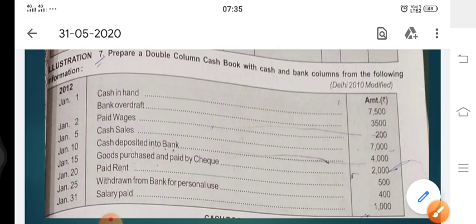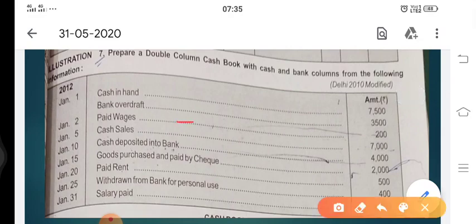The next point we have is cash deposited into bank. Now here it is doing something important to us. Cash deposited into bank means cash needs to be subtracted and bank needs to be added, right? Here you have both the columns, cash and bank.